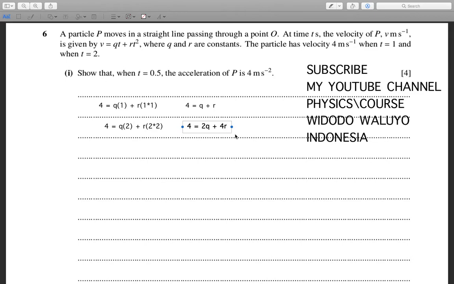If we simplify this equation, we divide by 2 and get 2 equals q plus 2r.